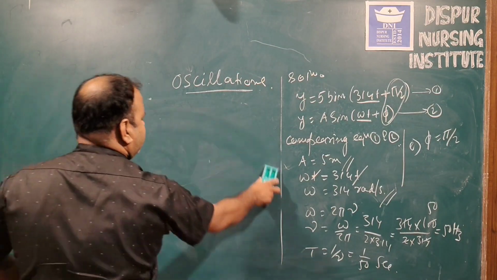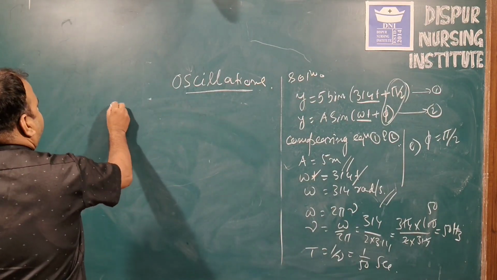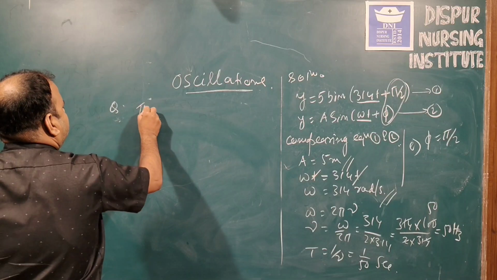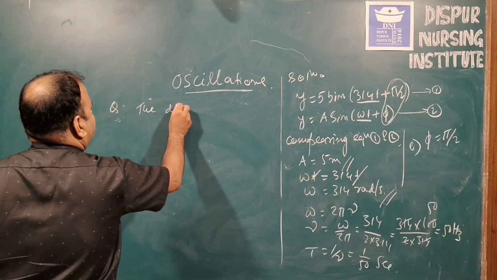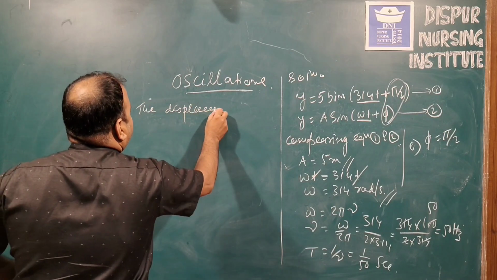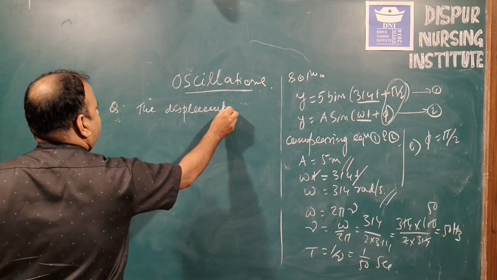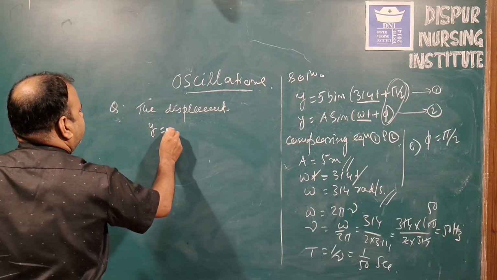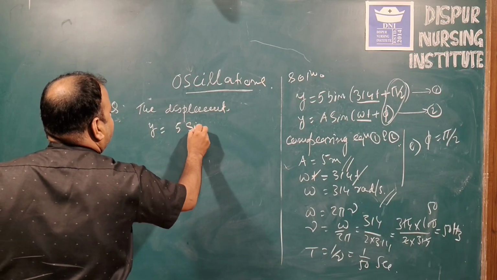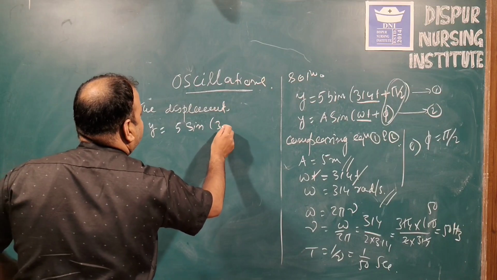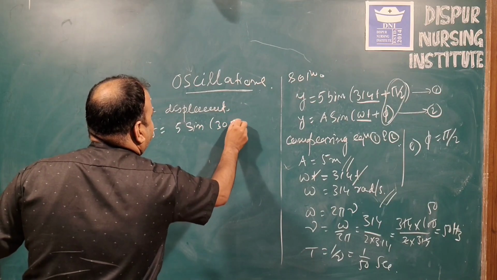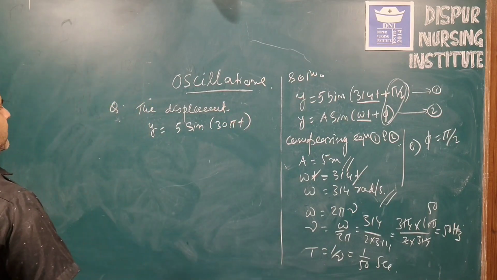Now you can see, suppose you are given one question: the displacement y is equal to 5 sine 35t, it is given.